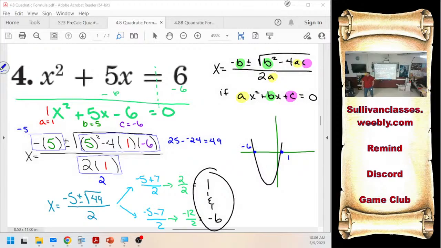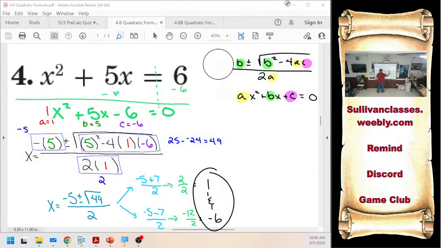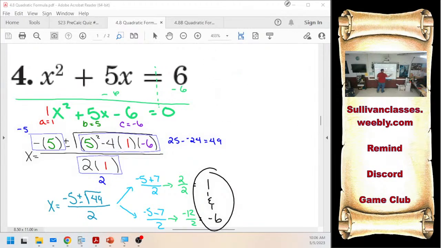Okay, it gets funky. So, walk through again, real quick. Formula, you got it written down at the top of the page.